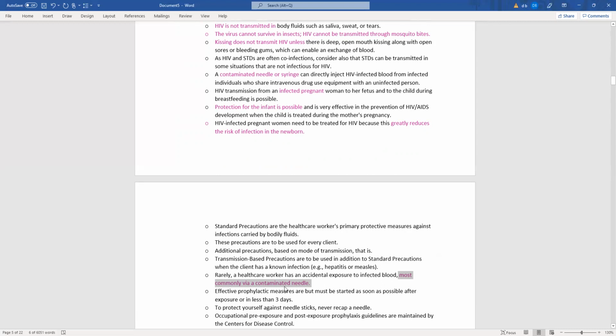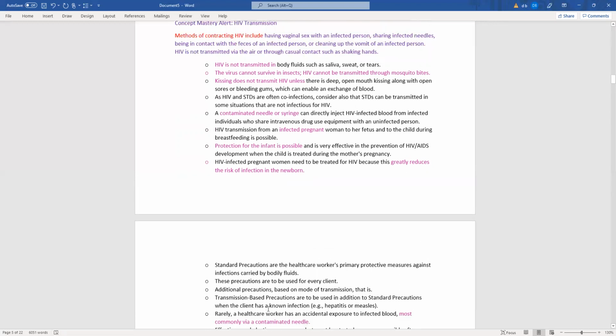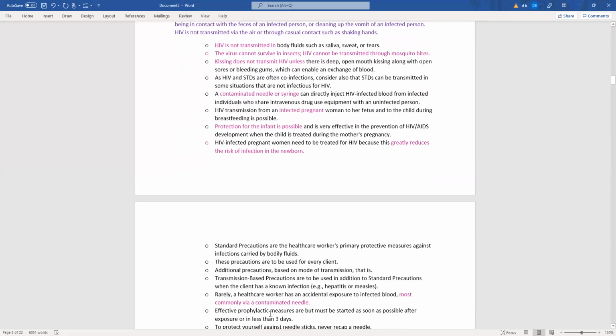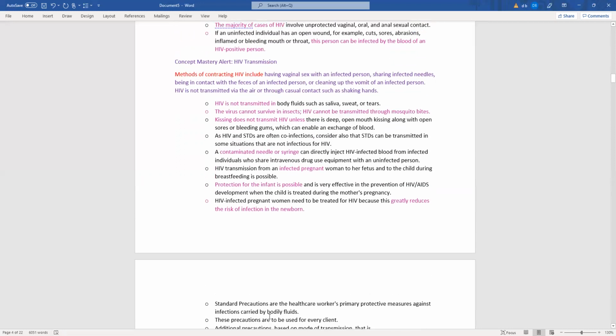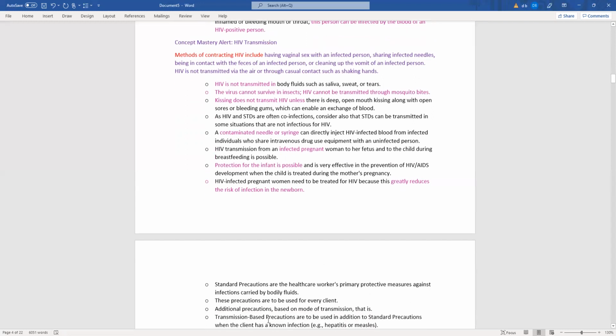Effective prophylactic measures are available, but must be started as soon as possible after exposure or in less than 3 days. Okay, let me find it because that doesn't sound right. Hold on. So we're after the concept mastery.